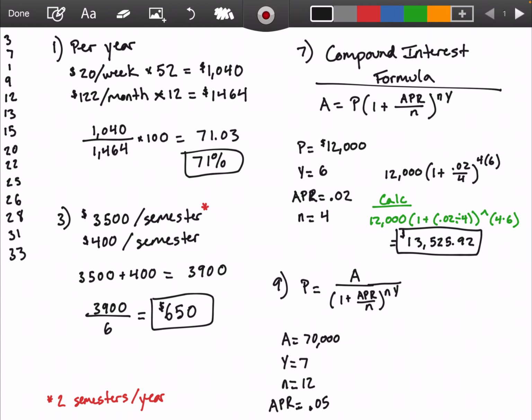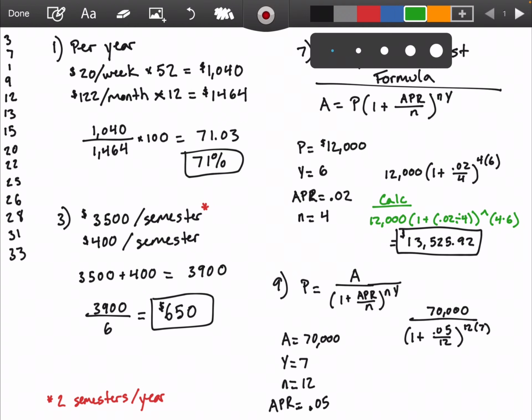All right, so we're going to do 70,000 divided by 1 plus 0.05 over 12, all raised to the 12 times 7. All right, once again, the green's going to be how I'd type this in a calculator. Personally, I'm just going to take care of this part first.